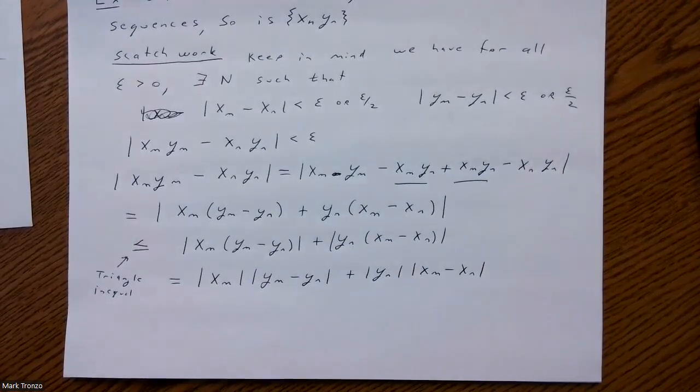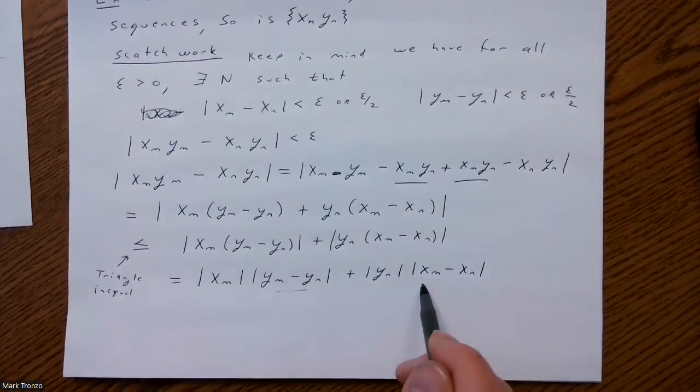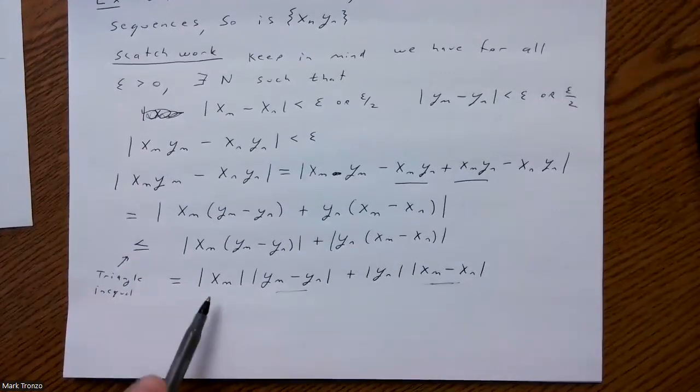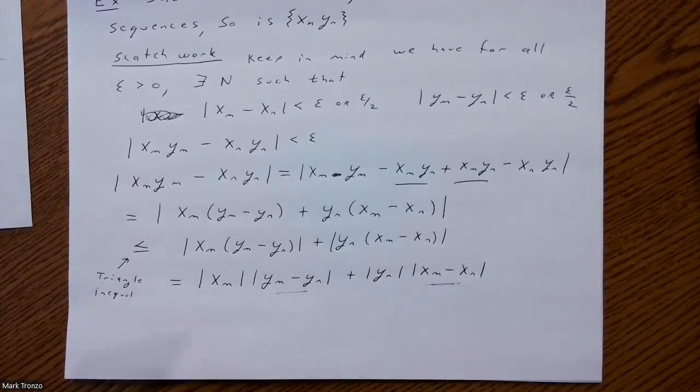So now we're almost there. Because we have bounds for this thing and we have bounds for this thing, but I wonder what we could do with these over here with this xm and yn.